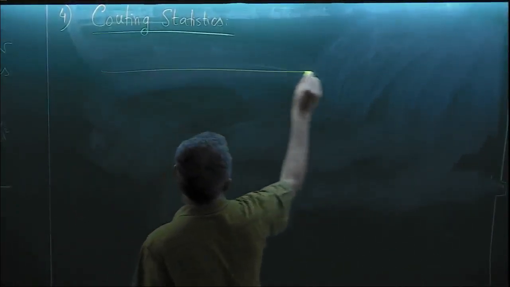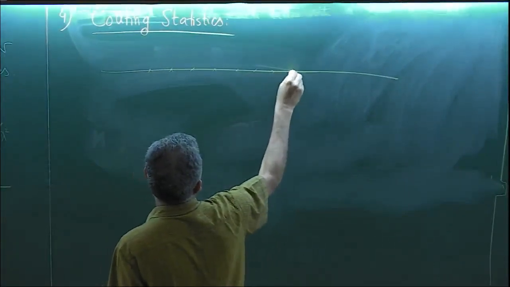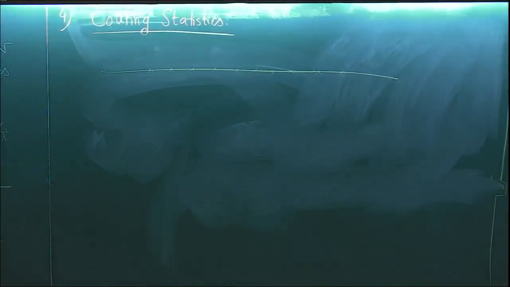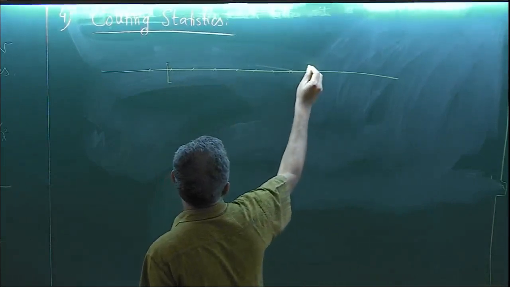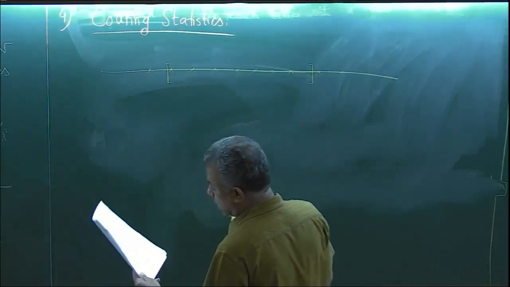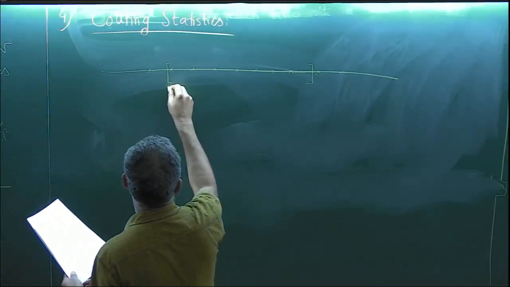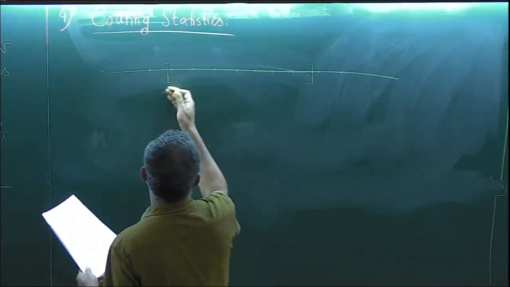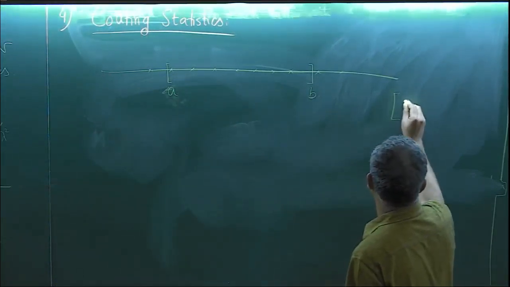So we have these points. You can ask for any joint distribution, not just for this log gas, but for very generic observables. I take this gas with its equilibrium weight, and I take an interval. Let me call the endpoints of this interval A and B. So I look at an interval AB.